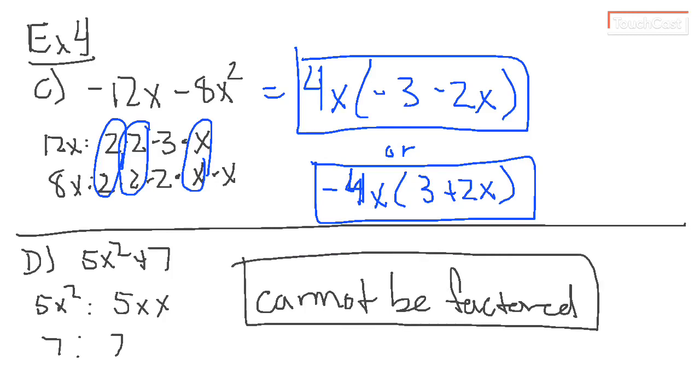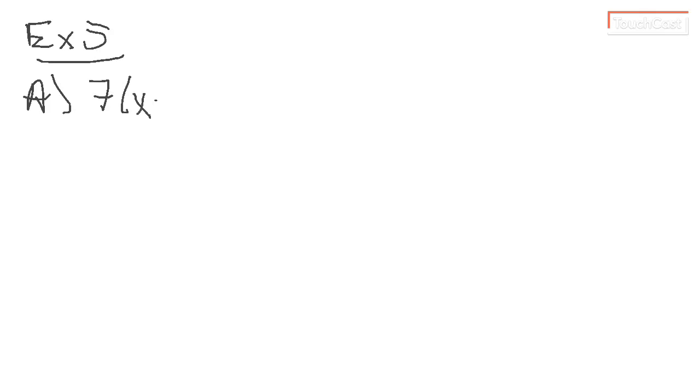All right, I've got one last type of example, and then we're done. So we're moving on to example 5. We're going to take 7 times x minus 3 minus 2x times x minus 3 and try to factor this.